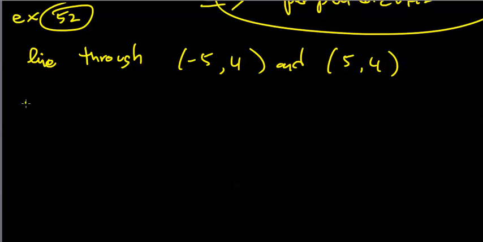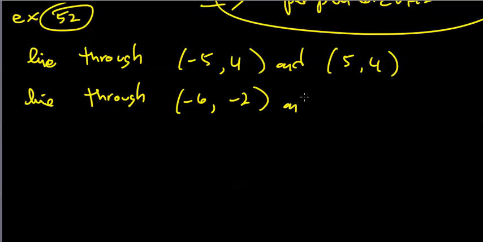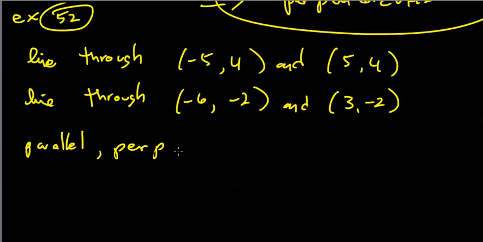And there's another line through two different points, (-6, -2) and (3, -2). And we want to establish, are these two lines parallel, perpendicular, or neither?